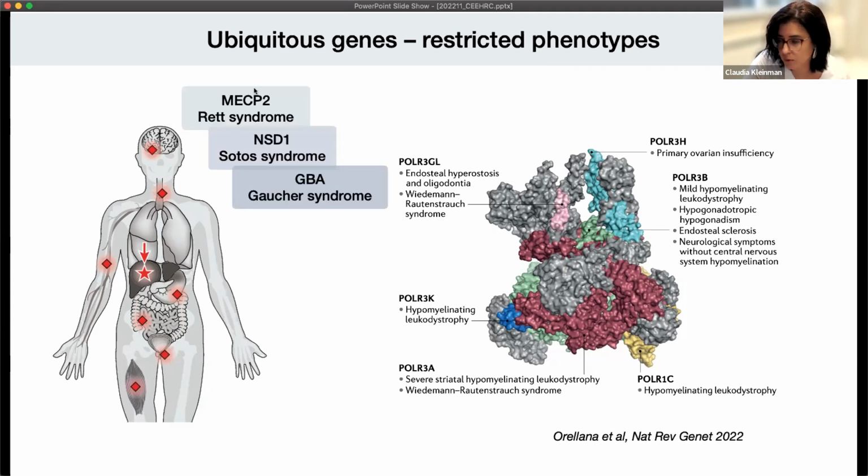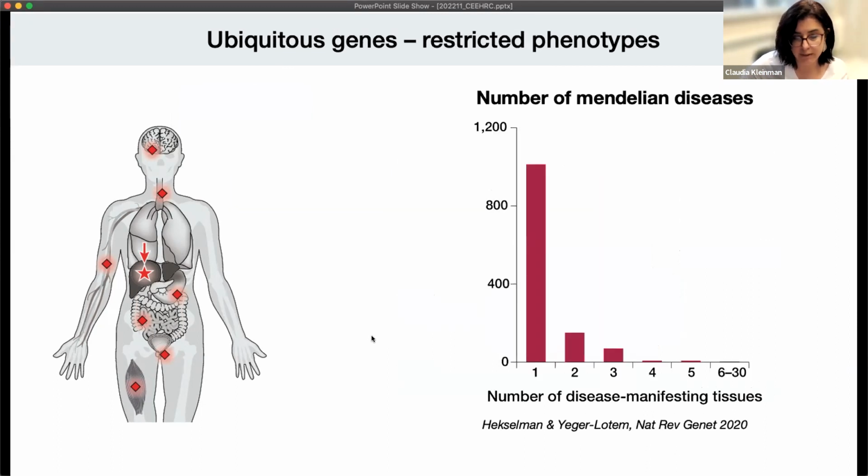The same goes for many brain diseases, particularly ones caused by epigenome-related genes. We have Rett syndrome and Sotos syndrome, caused by genes that are expressed and needed in every single cell, but alterations will give you a very fine phenotype. This is not anecdotal.